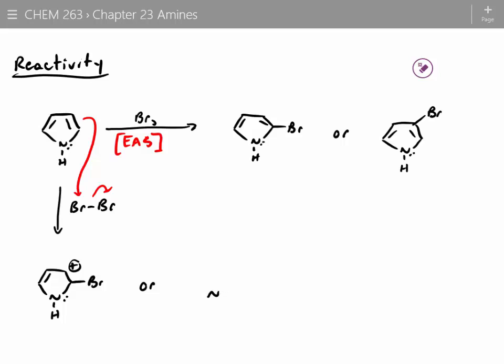Or we could have our bromine up here and our carbocation down here. Which one do you think is going to be the most stable intermediate?